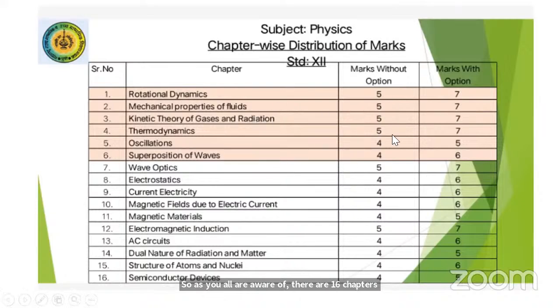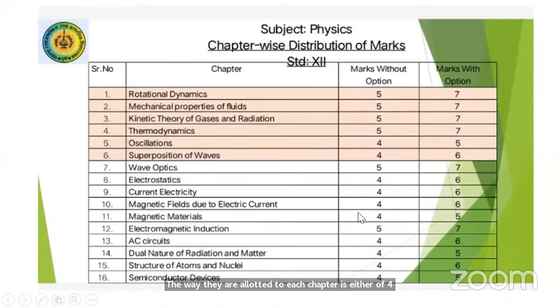The second last column is for marks without option, and the last column is for marks with option. By and large, the weightage allotted to each chapter is either 4 marks or 5 marks. So there is not much difference.